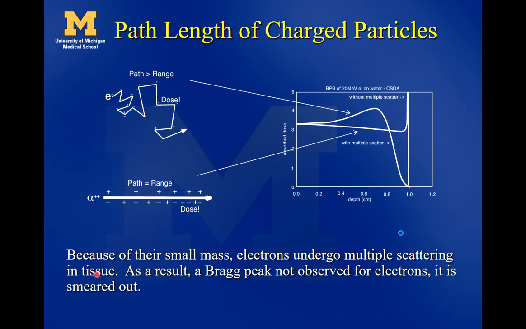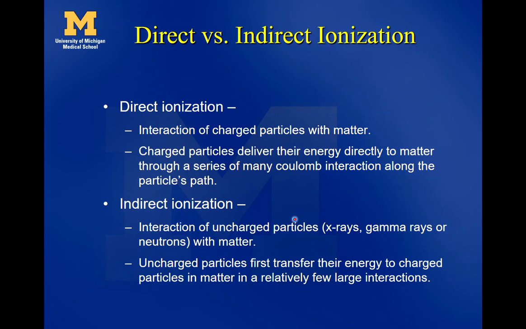So it really comes down to smaller mass, because electrons have a small mass, much less than that of atoms or the nucleus of the atom. The electron is going to get banged around quite a bit, and the other particles like protons or alpha particles or carbon atoms are just going to plow straight in, Bragg peak, and stop.